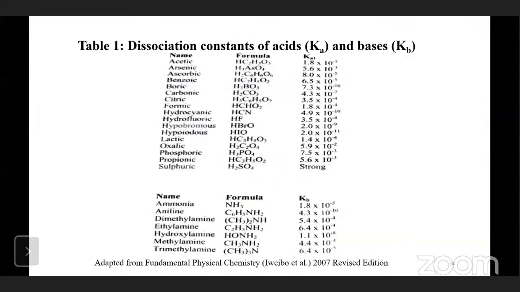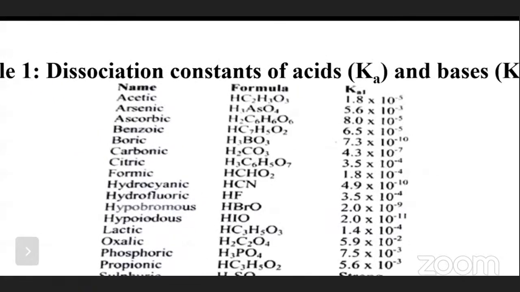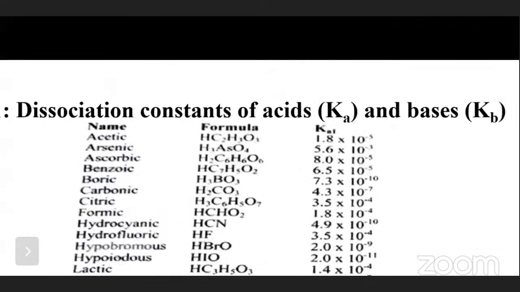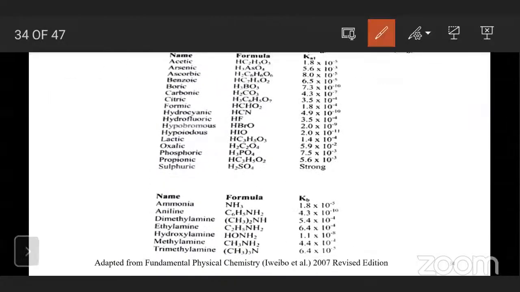Okay, this is table 1. Possibly you may be able to see some parameters there. And the first set of parameters relates to the Ka, that is the acid dissociation constant of this set of acids that we have listed here. So we have the dissociation constant written here.